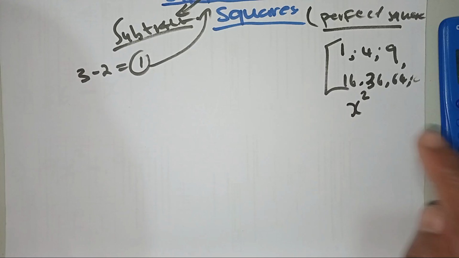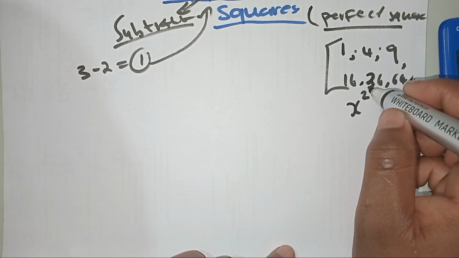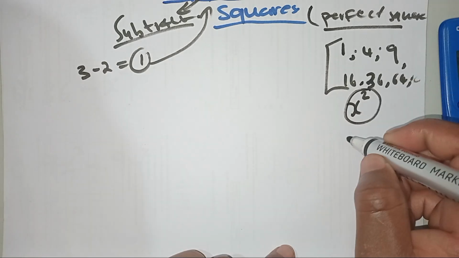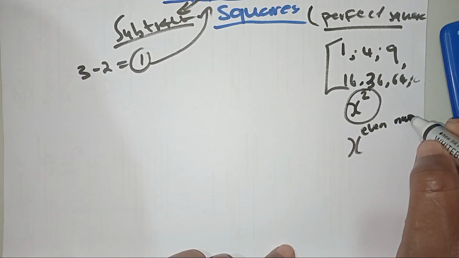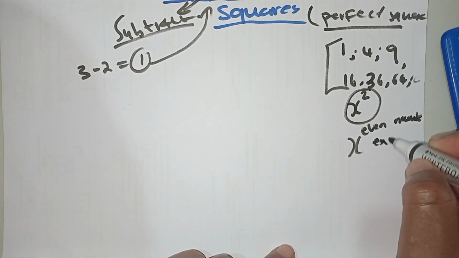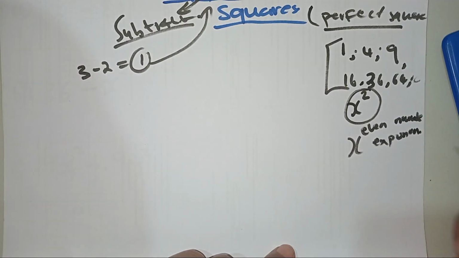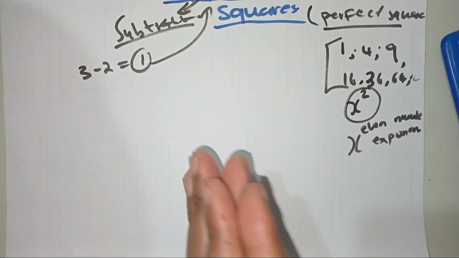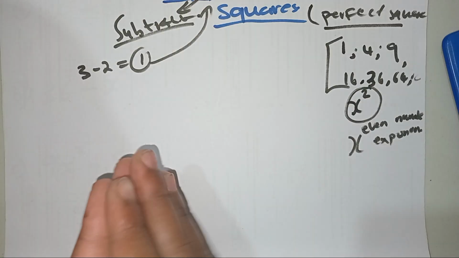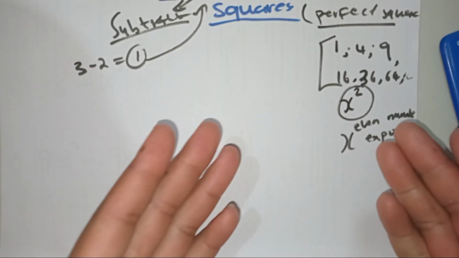Nice. So in terms of variables, a perfect square is a variable with an even number exponent. To see if a variable is a perfect square or not, we just check its exponent.